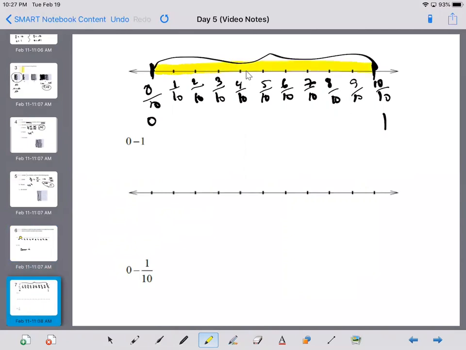So now I'd like to take what's inside from 0 to 1/10, which is 0 tenths, to 1/10, which is the same as 10 hundredths.